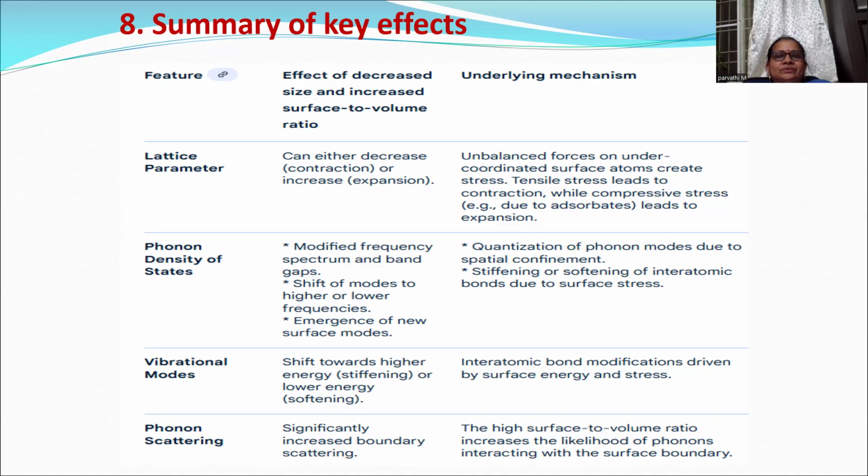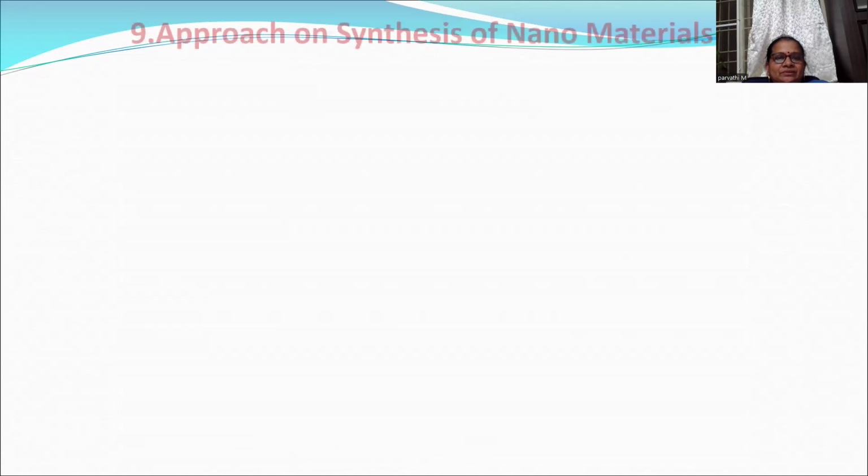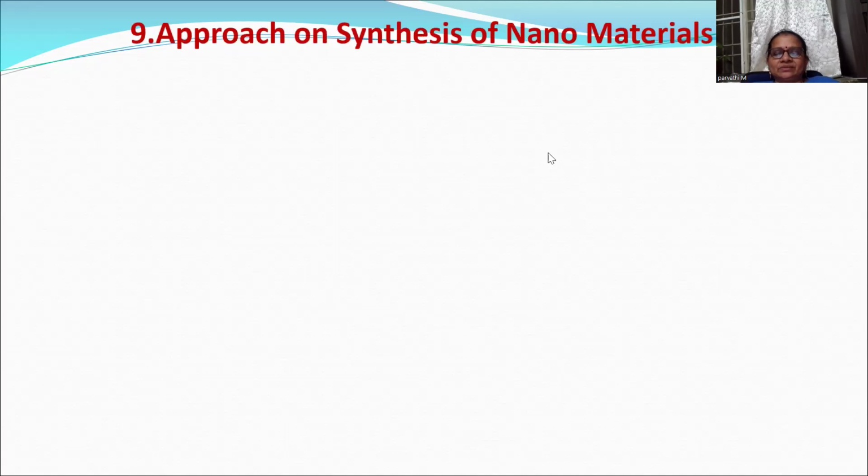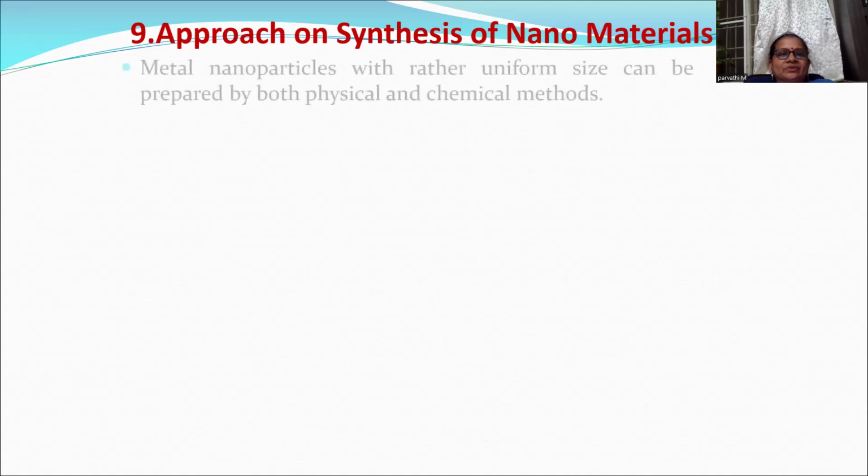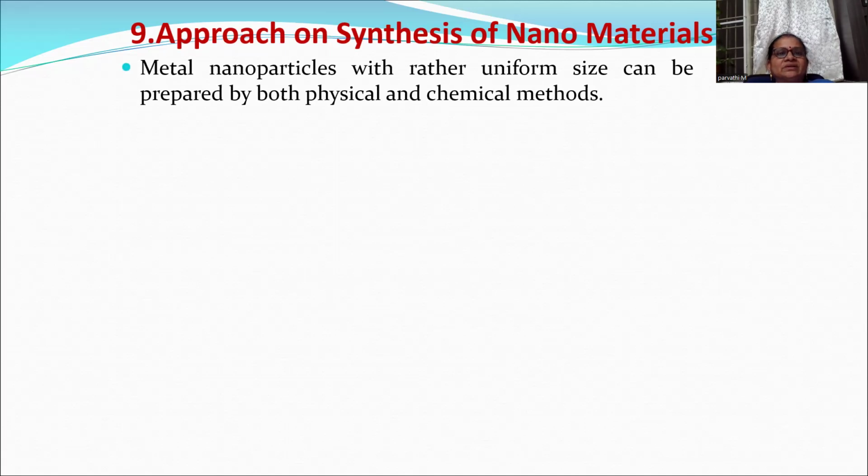Then coming to the approaches for synthesizing nanomaterials, as mentioned in the very first slide, bottom-up and top-down approaches, we can observe that there are two basic approaches for the synthesis of nanomaterials.